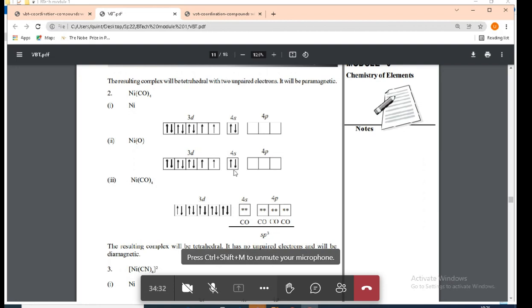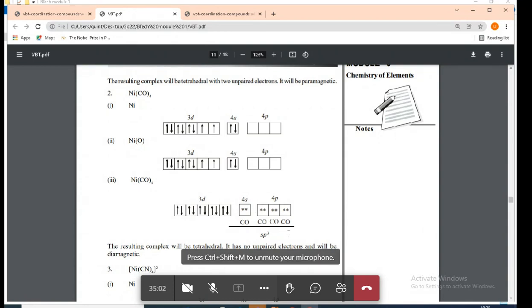These 2 electrons that are present in 4s are going to jump and pair up, spending some energy, with these 2. Thereby, this becomes completely filled, and the hybridization now takes place with 4s and 4p to give you four equivalent orbitals in which the electrons are shared. The lone pairs of the carbonyls are shared with the central metal atom, giving you sp3 hybridization.